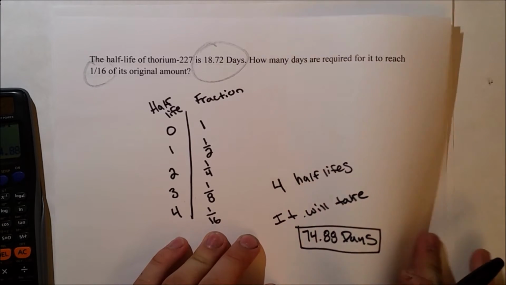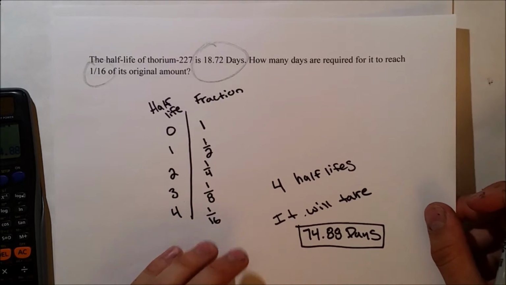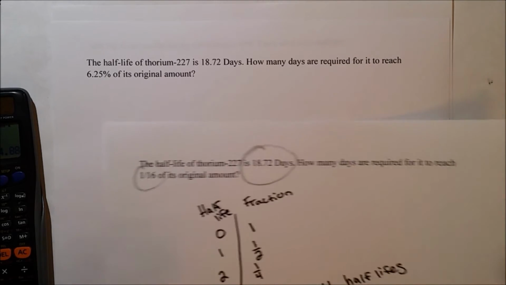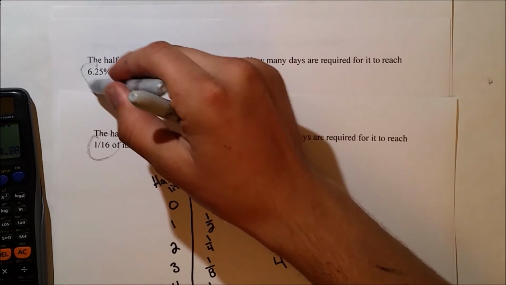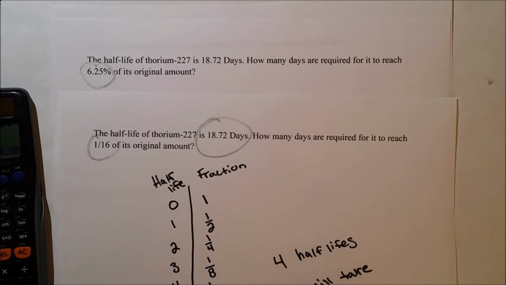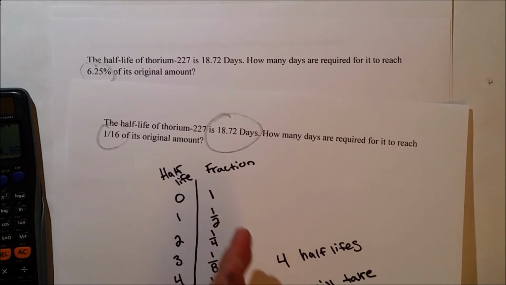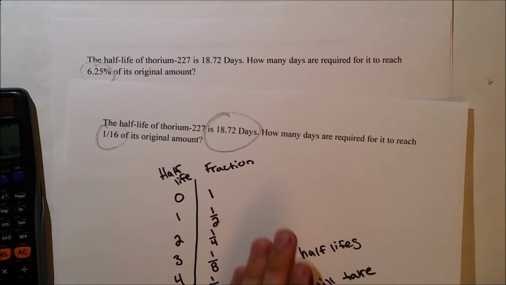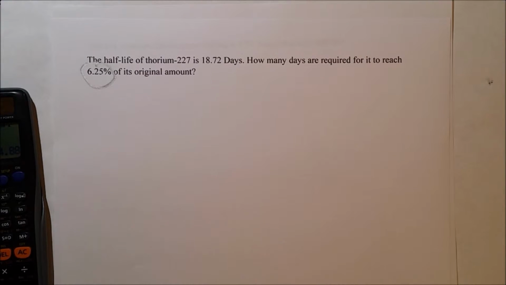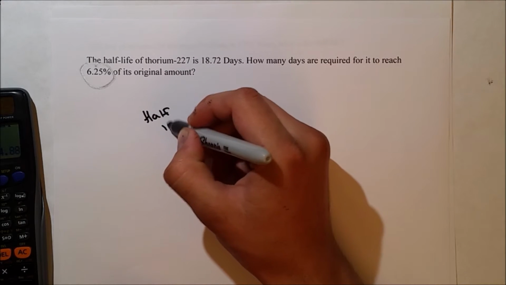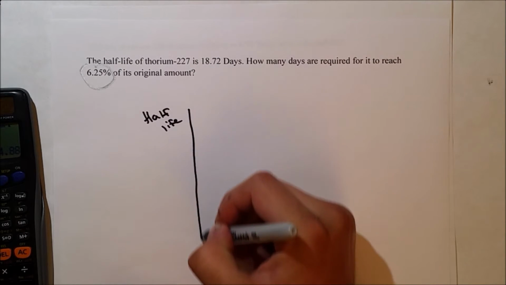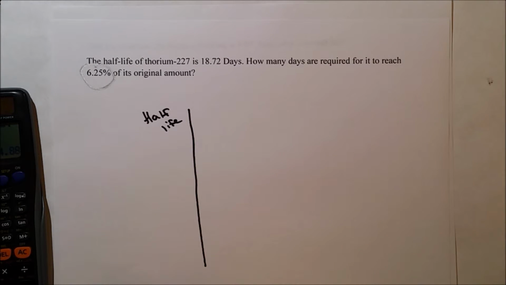I want to show you something too that you may be asked, which is actually really similar. They could also ask this same question in percentage form. If you'll notice, it's exactly the same question, except they're asking us for a percent rather than a fraction. So we do this the same way, except we're going to have a half-life number and a percent number. I'm going to set up our table and repeat exactly how we did.